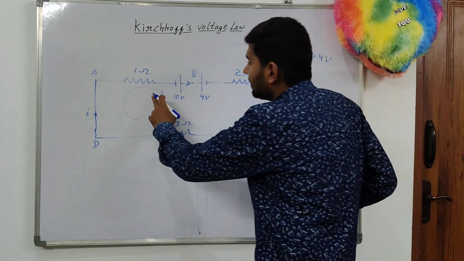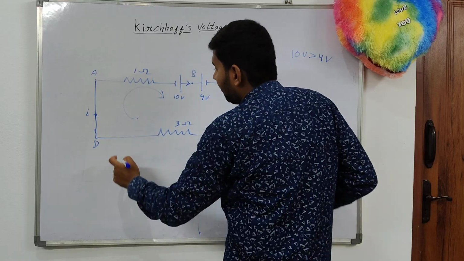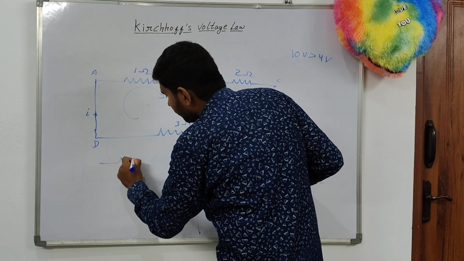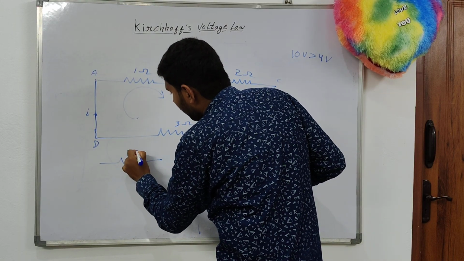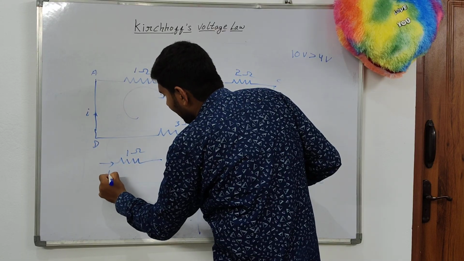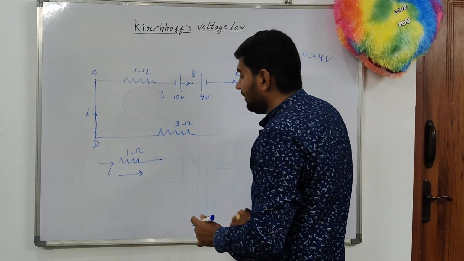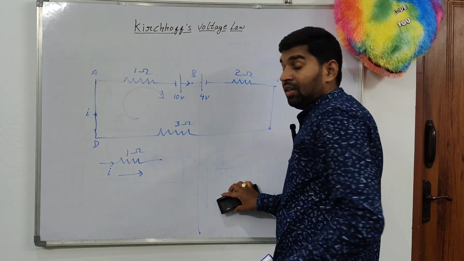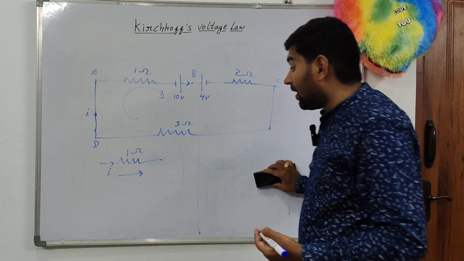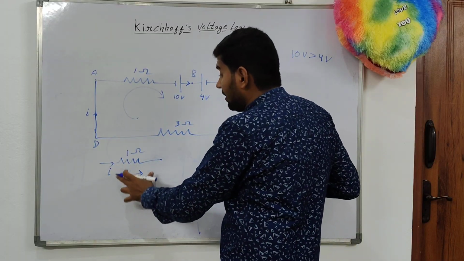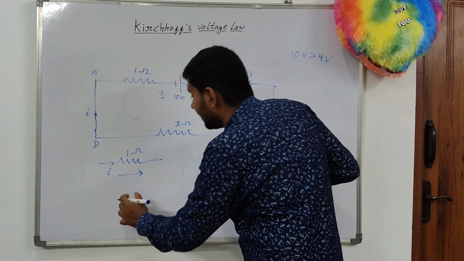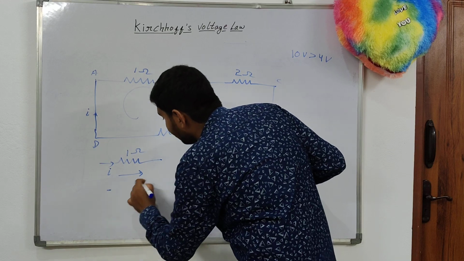For the first resistor, the 1 ohm resistor, this is the current I, and this is our traversing direction. These two directions are the same. When the two directions are the same, the change in potential is negative, minus IR.